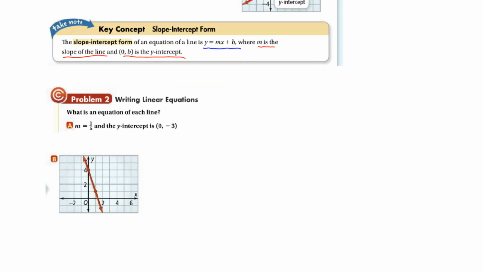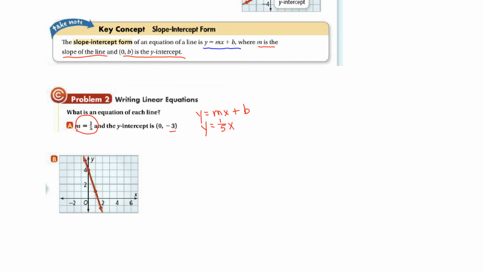If we look at problem 2 here, writing linear equations, if we look at example A, it asks us what that equation would be. Knowing that my formula is y equals mx plus b, I know here that my m is 1/5, sorry. So in place of my m here in the equation, I can put 1/5.